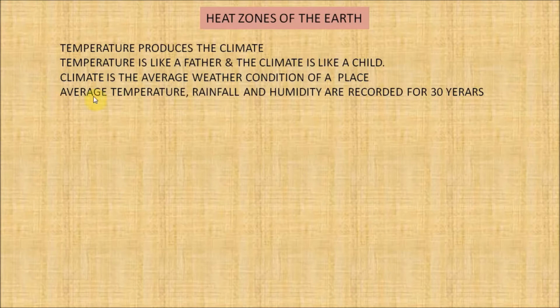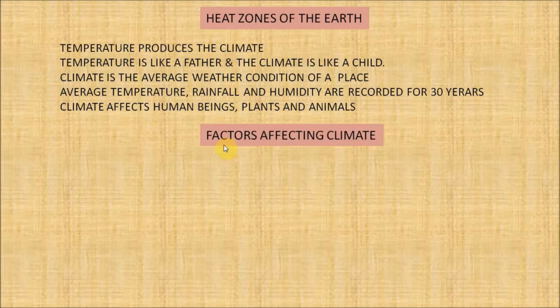The average temperature, rainfall, and humidity are recorded for at least 30 years. The mean of these averages is found out to get the climate of that place. Climate affects human beings, plants, and animals, their way of life, their food, their clothing, and even shelter.